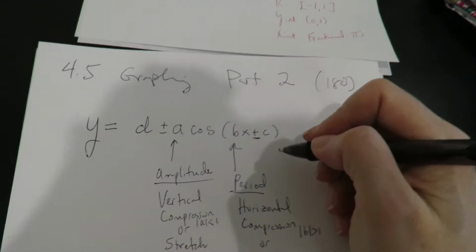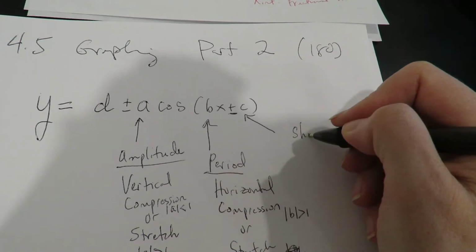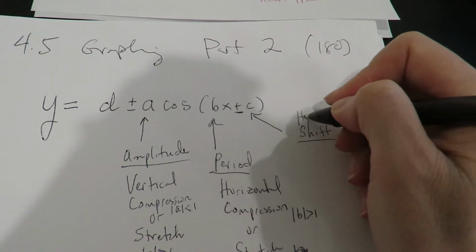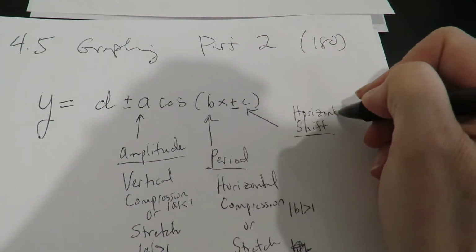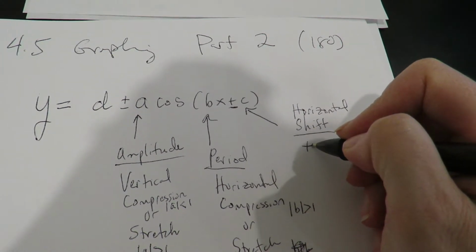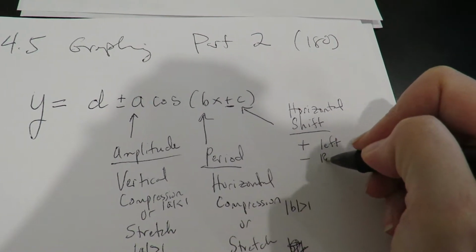Okay, C is what we would call the shift. Let me be a little more clear. That's your horizontal shift. So just as you know before, if it's positive, it's to the left. If it's negative, it's to the right.